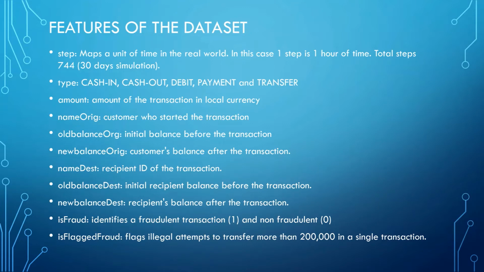And customer who started the transaction, initial balance before the transaction, customer's balance after the transaction, recipient ID of the transaction, initial recipient balance before the transaction, recipient's balance after the transaction. And also we have the label for if the transaction is flagged as fraud.